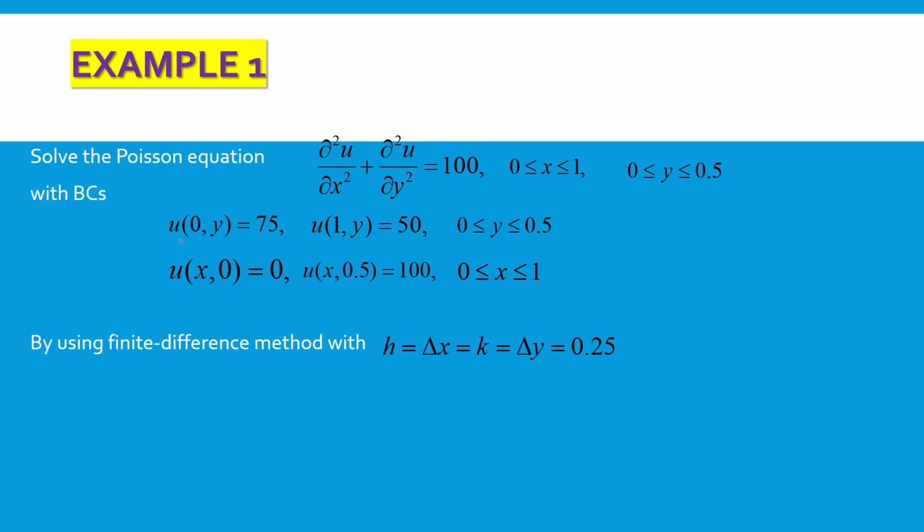Yes, okay. This one is exactly the same as the Laplace equation, except the right hand side is now 100. Can you tell me, u 0 y equal to 75, where do you put it? Left boundary, right boundary, top or bottom? Which one?